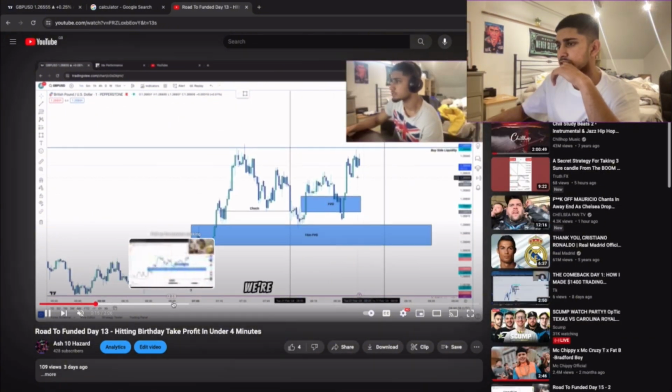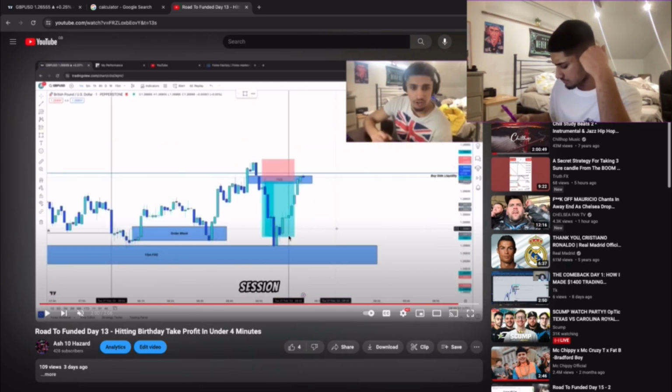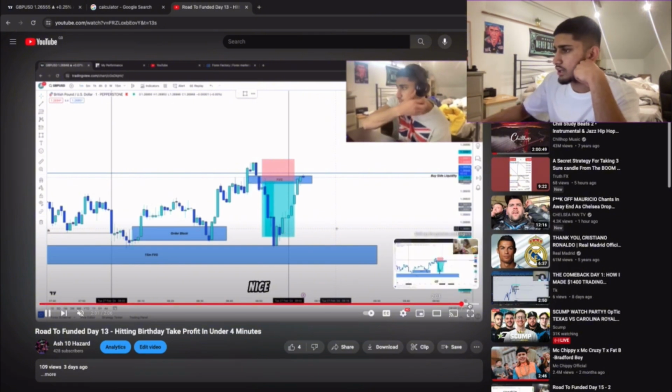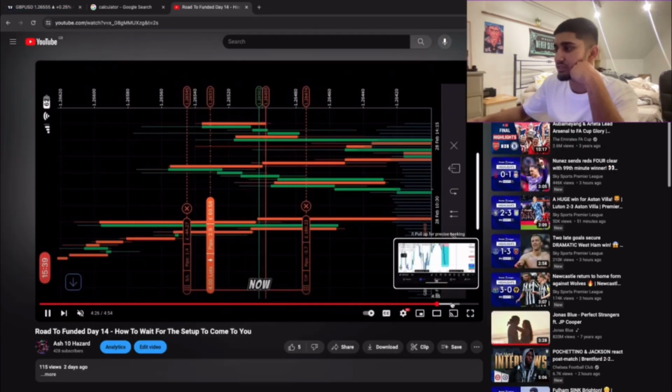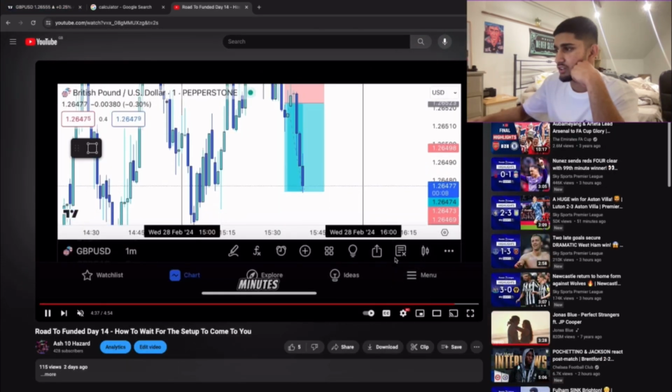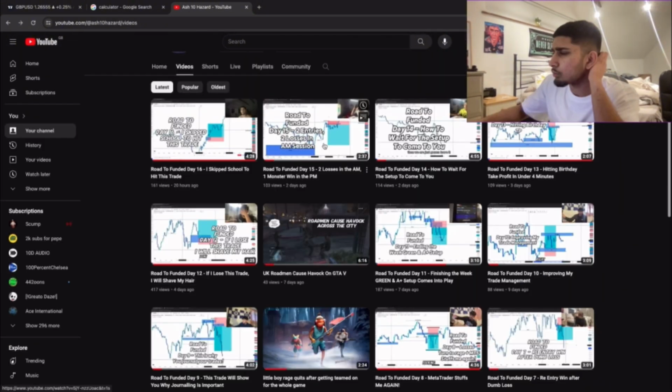This clearly says take profit, so this clearly looks like a winner. That is an AM session winner. So that was an AM session win, and then I clearly didn't trade the PM. Alright, so we hit TP on that, so that was a PM session winner.